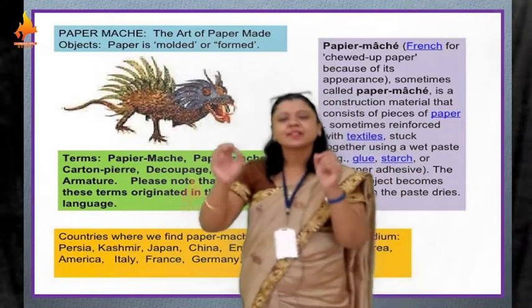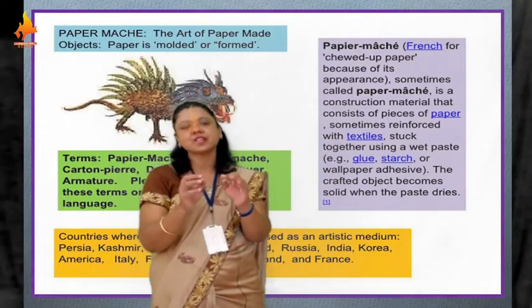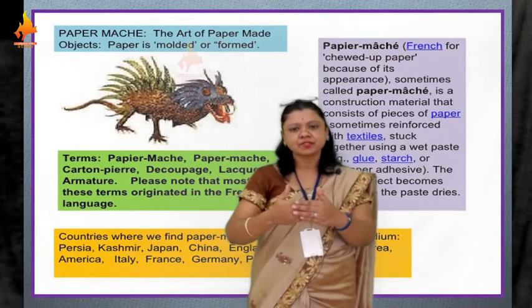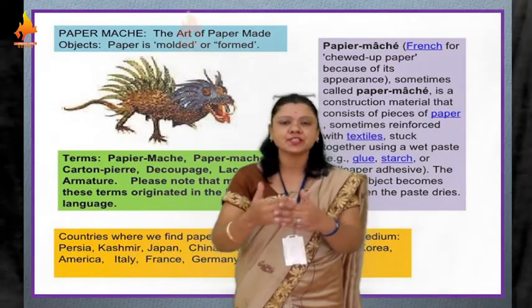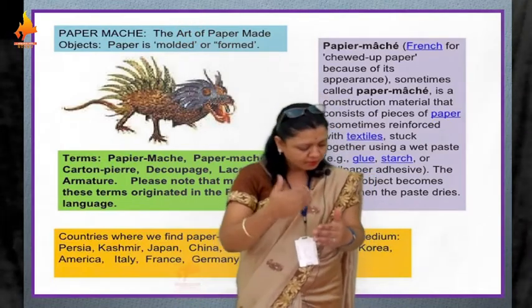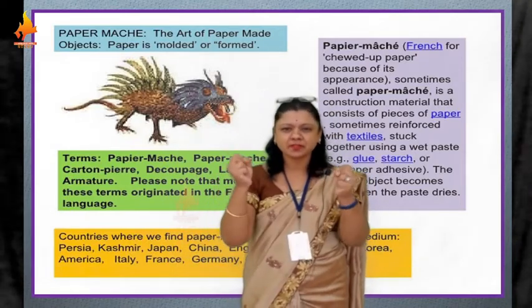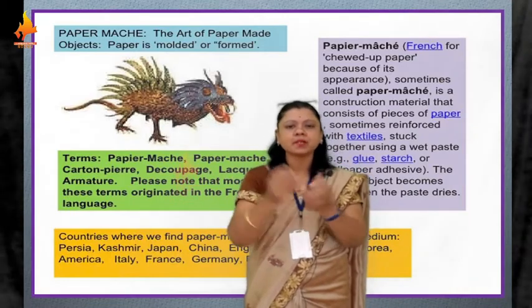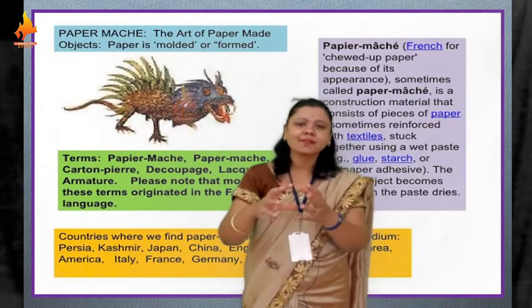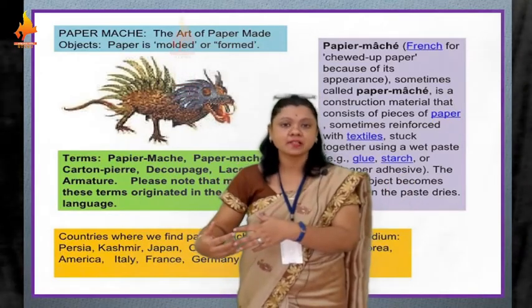Actually, first this craft, paper mache, originated in China. And after that, Egyptians adopted it. We call it paper mache, but in French it is called chewed paper. Chewed paper means whatever torn papers, used papers are there, you prepare something by using paper along with other materials.